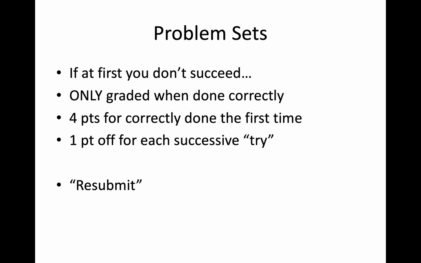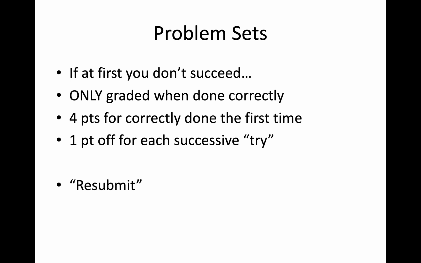The problem sets, I have a unique policy called a resubmission policy, and that is you don't get credit for a problem set until you do it entirely correct. So if you don't succeed the first time, if you have less than, I would say, about 95% of the problem set correct, it'll be returned to you. You'll have a 0 in the gradebook, but you'll have an opportunity to resubmit it as many times as you want for credit. Now, you won't get full credit upon each resubmission.